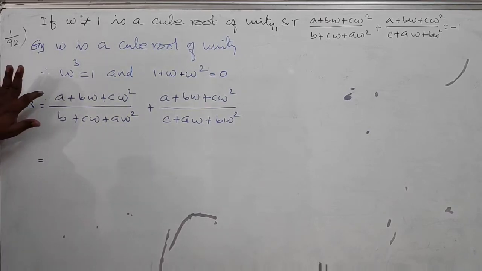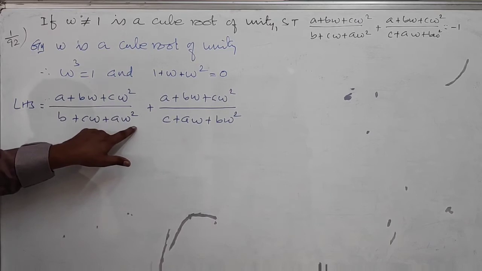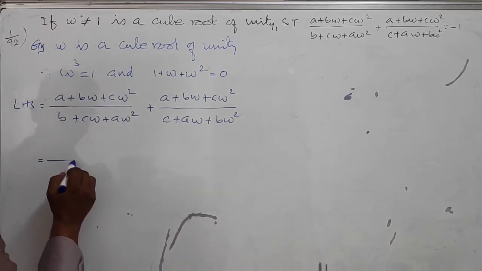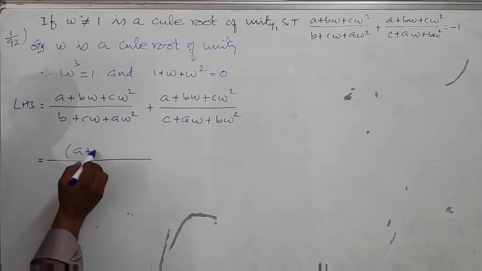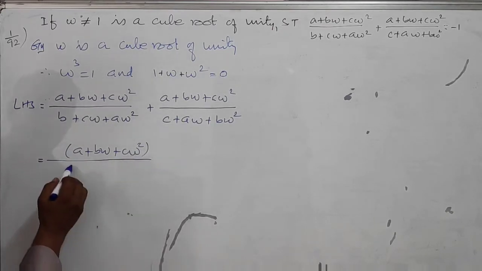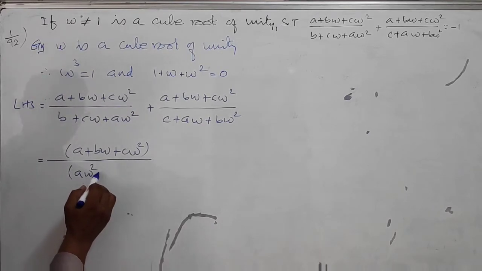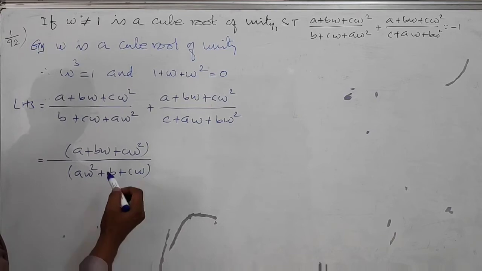Here in the numerator we have a, but in the denominator we have a omega square. Therefore, the first term is better to rewrite as (a plus b omega plus c omega square) by, first we write the a term, a omega square plus b plus c omega.